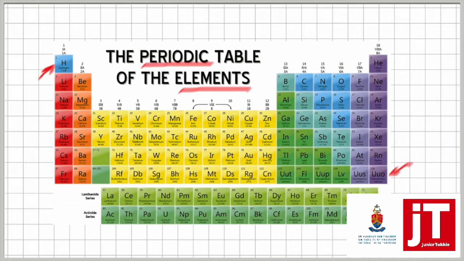Now, while we are busy with the periodic table, I would like to draw your attention to certain elements which occur in a particular way. They always occur with two of their atoms joined together.